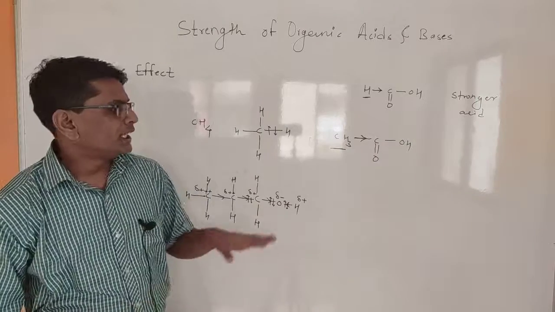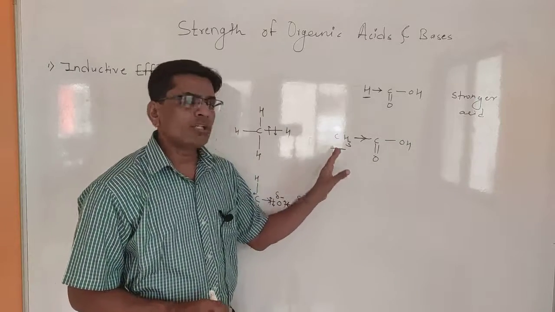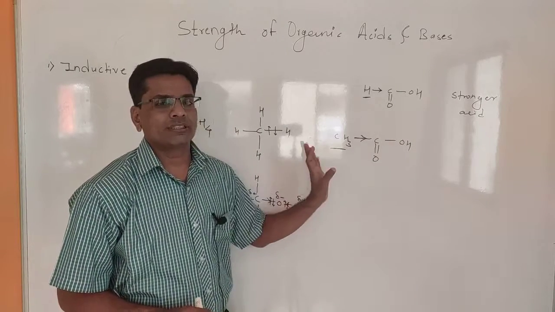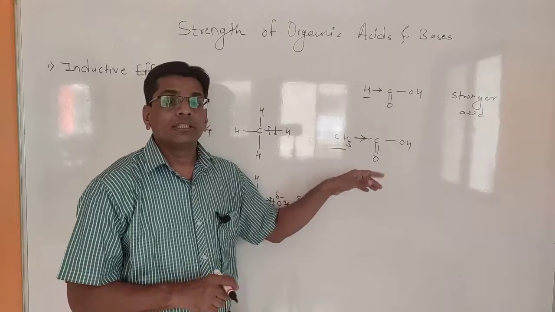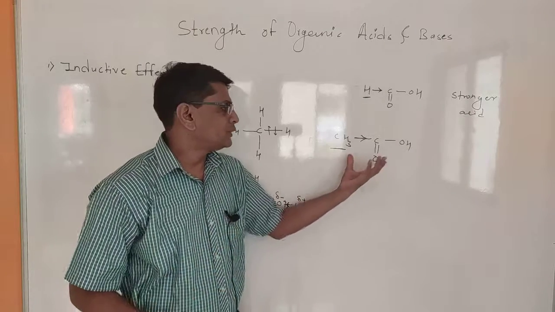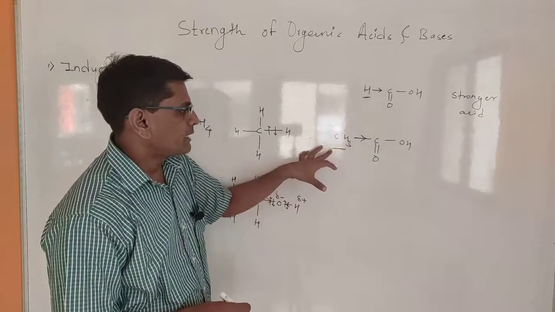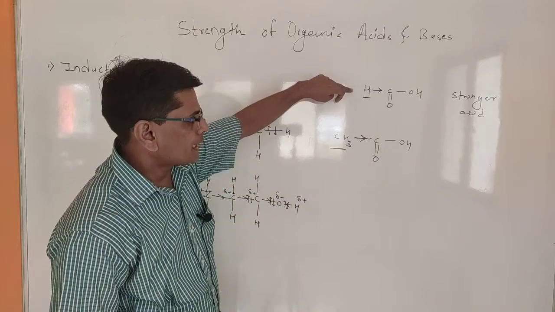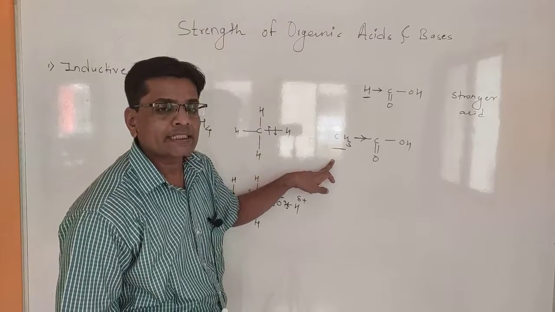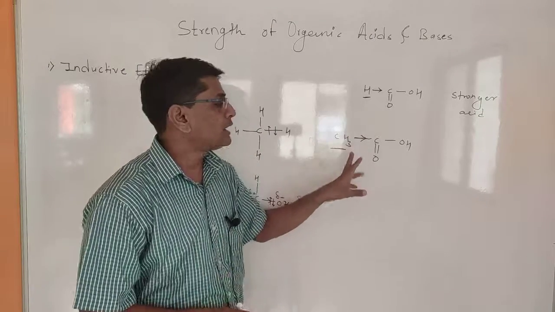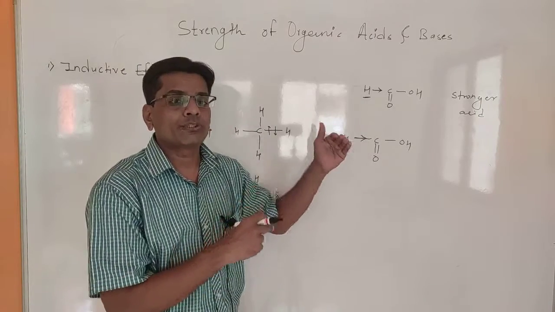That means it increases the electron density at the carbonyl center. Due to that, if it becomes electron rich, then it doesn't need much electron from the neighboring atom. So as compared to formic acid, in acetic acid, methyl will donate more electron. This carbonyl center becomes more electron rich.